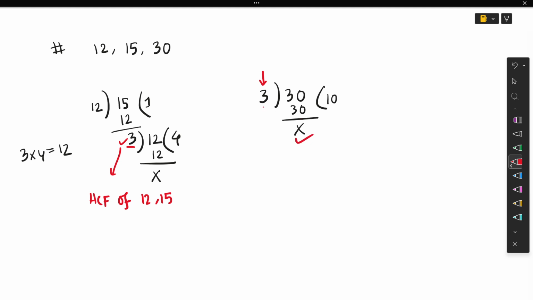So 3 is the highest common factor of all these 3 given values. Therefore HCF is equal to 3, right? HCF is 3.